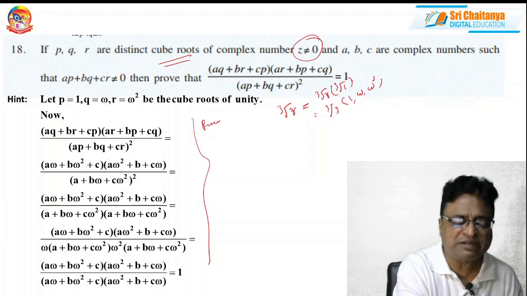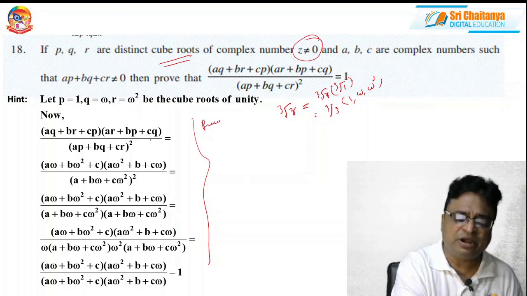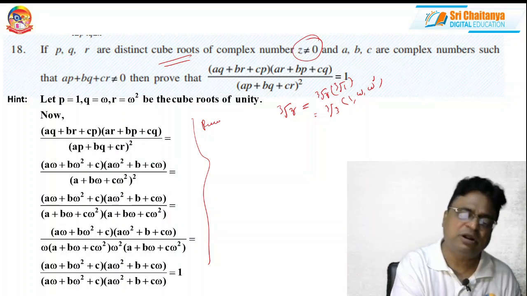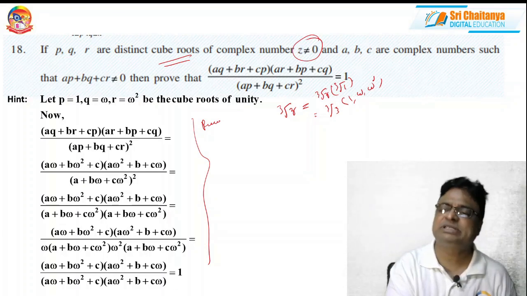So in the place of p, q, r, I can write 1 into cube root z, omega cube root z, or omega square cube root z. Of course, if I have substituted all the cube root digits in the place of p, q, r, automatically that cube root digit will get cancelled. You will get the same result as it is.